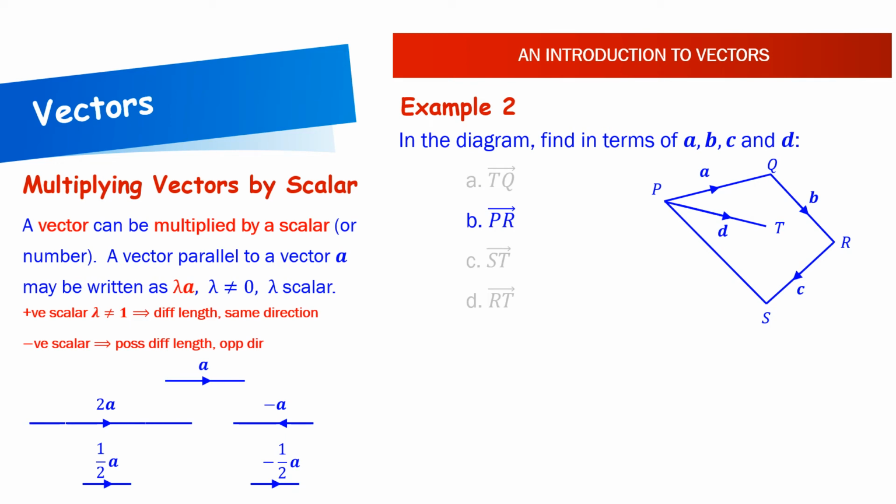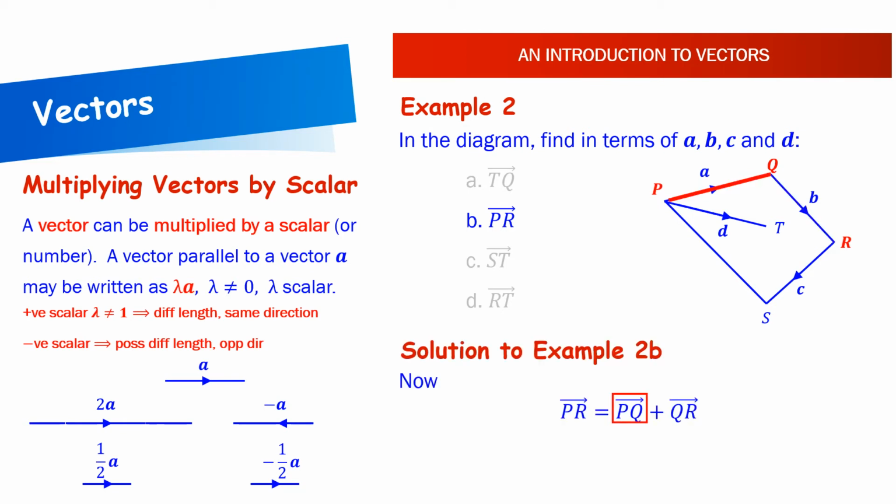And now for part B. We are required to find, in terms of a, b, c and d, the vector PR. The diagram has been highlighted with P, Q and R in red. Here's our journey.